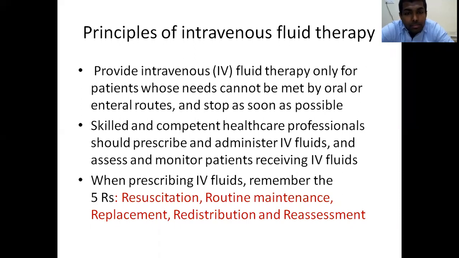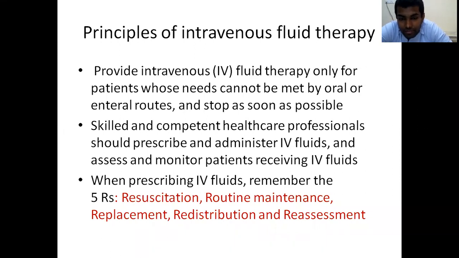Now, what are the principles of intravenous fluid therapy? Intravenous fluid therapy is provided only for patients who cannot meet their needs by oral or enteral routes, and it is given only by skilled, competent healthcare professionals, and there should be assessing and monitoring of the patients who are receiving the IV fluids.